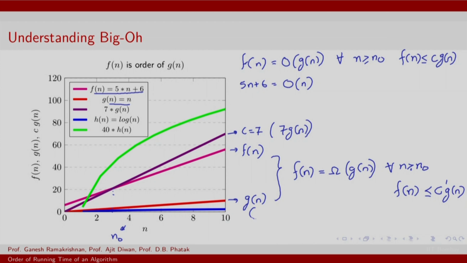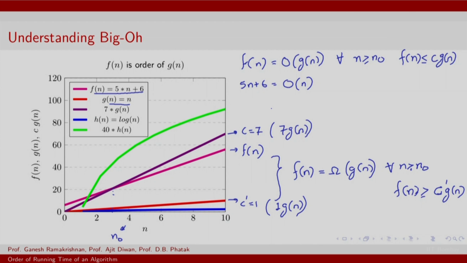Here the c prime happens to be 1. So let me rewrite this. This is indeed c prime equals 1, and this corresponds to 1 times g(n), a small mistake in my inequality. f(n) is lower bounded by c prime times g(n).